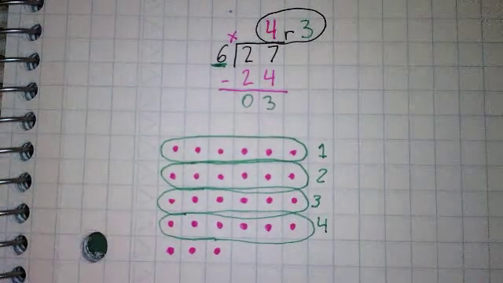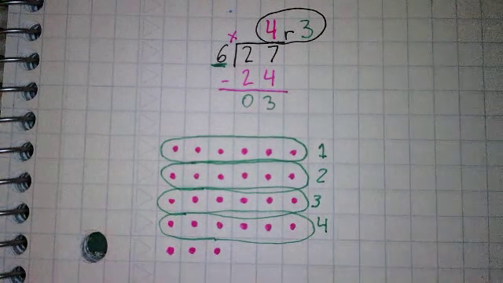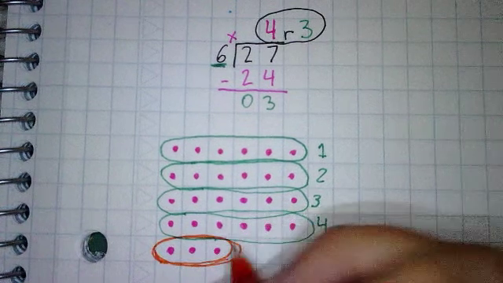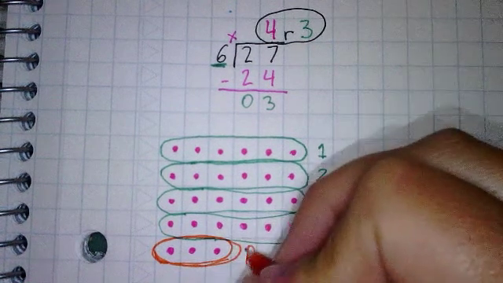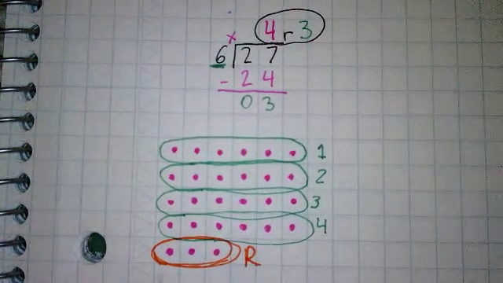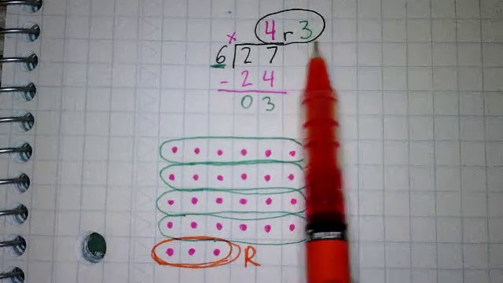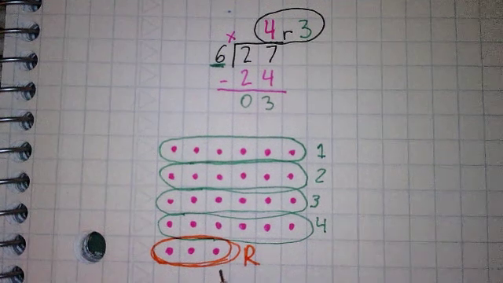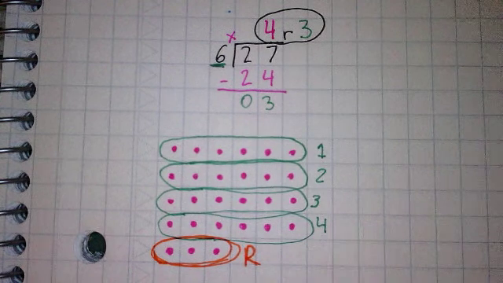And can I make another group of 6? No. I have how many left over? 3. So those 3 become what? My remainder. So, does this picture match my answer up here? Yeah, I have 4 groups with 3 left over, right? 4 remainder 3.